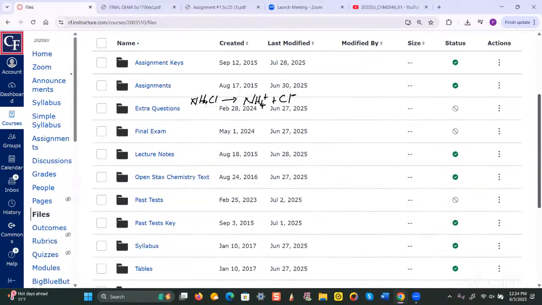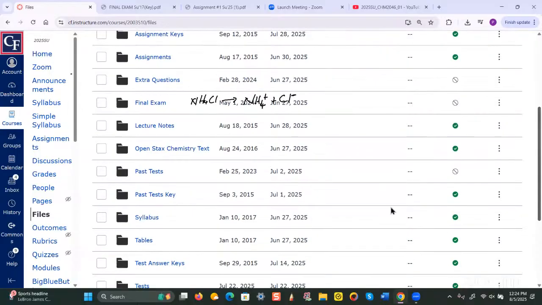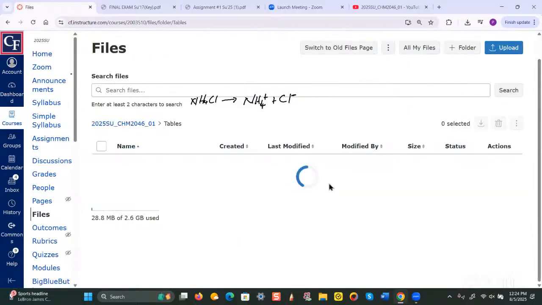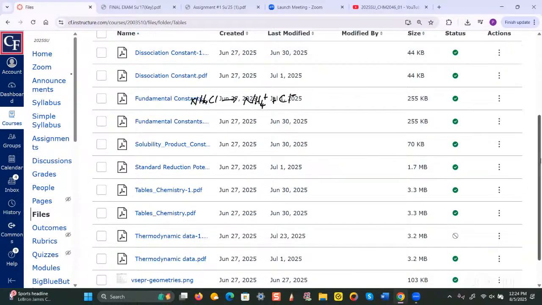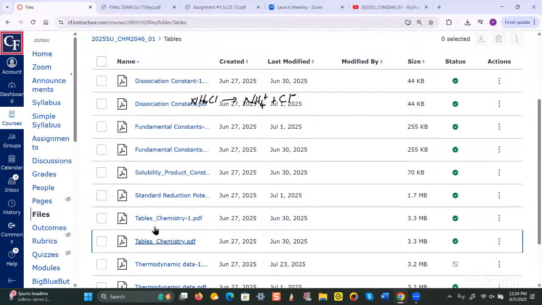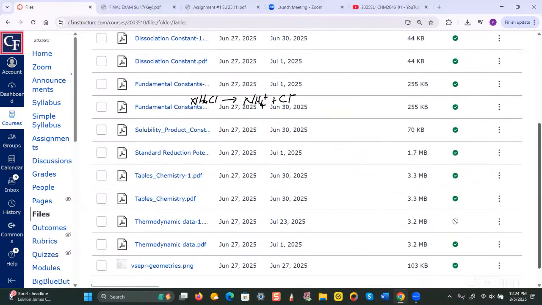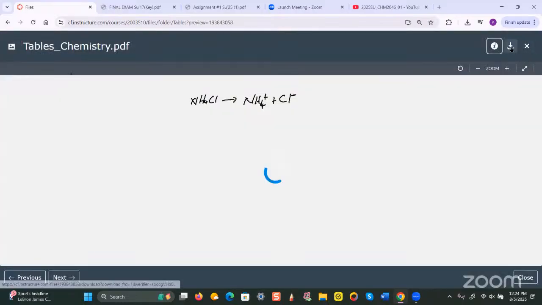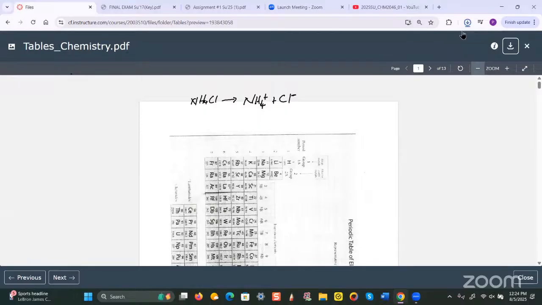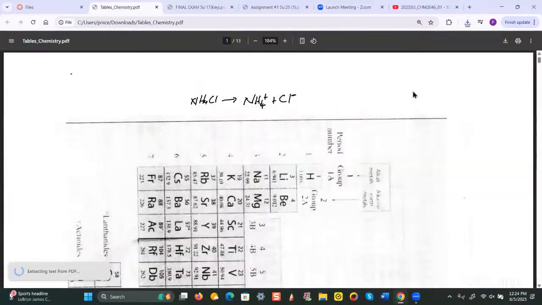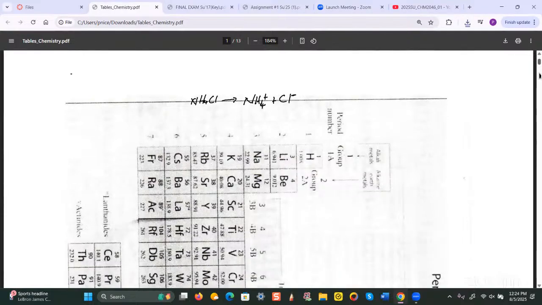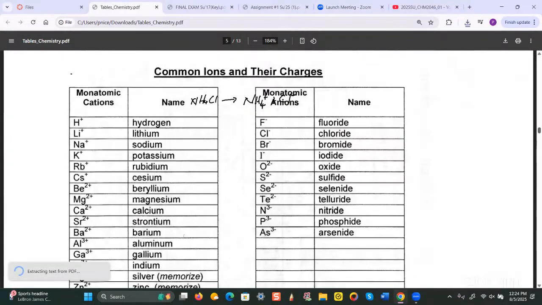You can use it to determine what type of ionic compounds will dissolve in water. Where is it? Okay, I thought I had it here. Oh, no, okay, I know where it is. I think it's almost the last page, if not the last page.